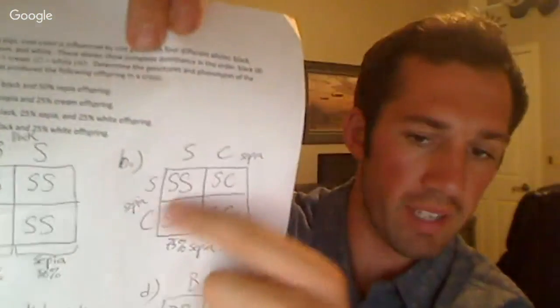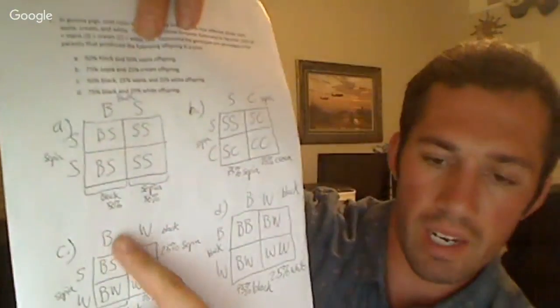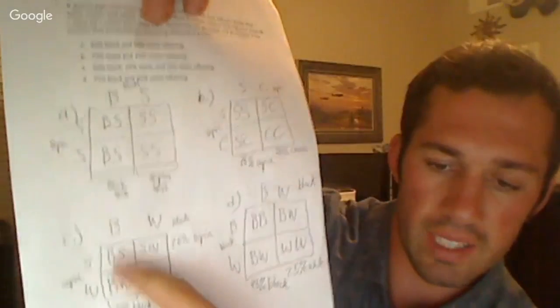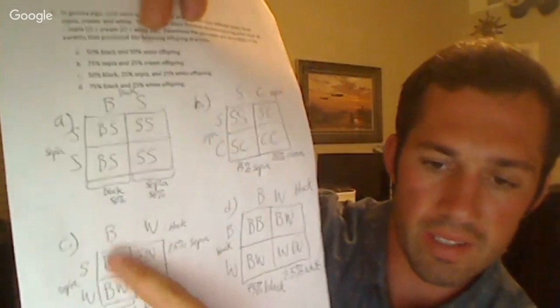You can see that a C moves down, but the rest have S's in them. It's kind of the same with black. If you want 50% to get that black, because it's the most dominant, one of them needs to be black, and it's going to dominate this column.